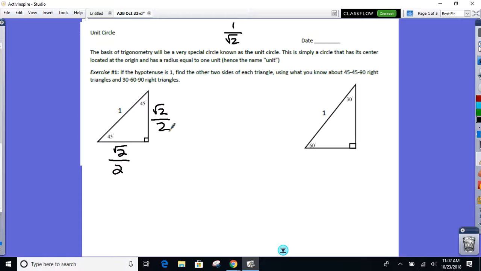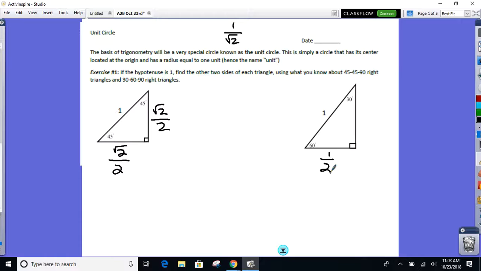And then in the 30-60-90, hypotenuse length is 1. I think most of you should be able to give me what's across from the 30. How do you go backwards? If I double it to go here, how do I go backwards? Divide it by 2. So guess what's across from the 30? 1/2.